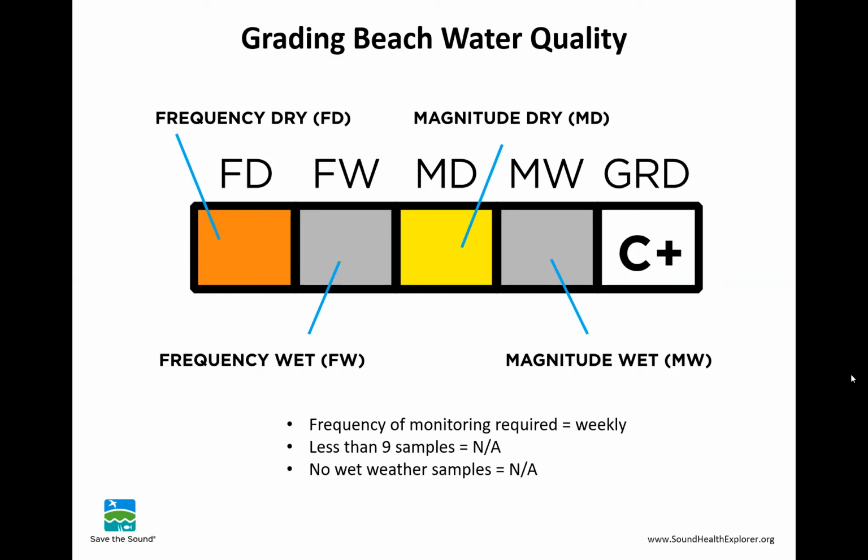So the second thing that's important to know about our grading is we had to set a minimum number of sampling events in order to assign a grade. When people ask what's the best grade and what's the worst grade on Long Island Sound, I have to say the worst beach would be the beach that isn't monitoring, or isn't monitoring enough to meet the minimum state and federal requirements of a once a week monitoring.